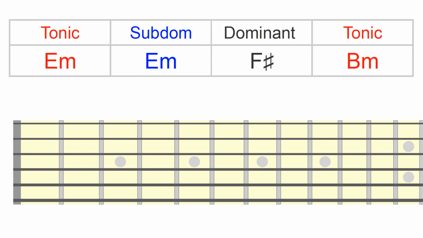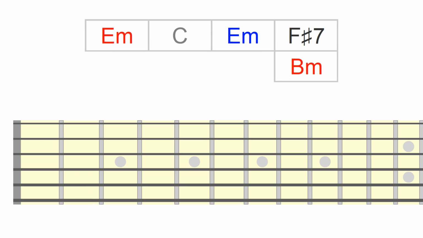And we can do a similar thing with minor key changes. Typically, you'll hear the tonic minor chord become the 4 of the new key. For example, E minor becomes the 4 of B minor. B minor becomes the 4 of F sharp minor.